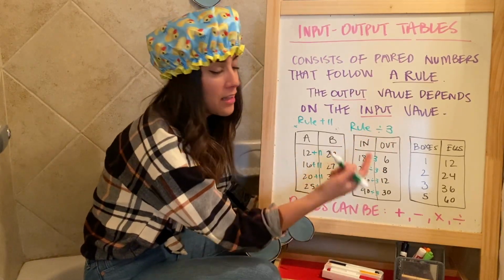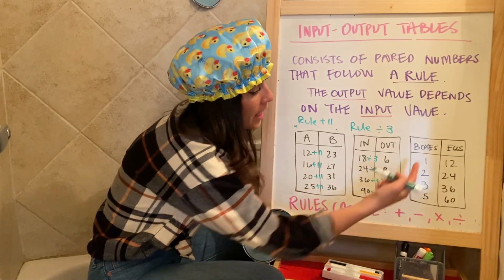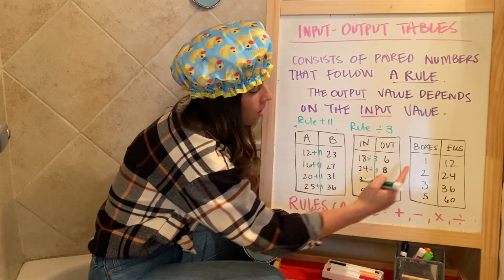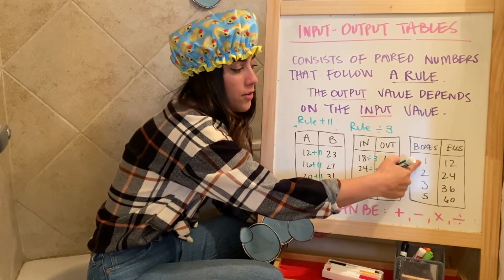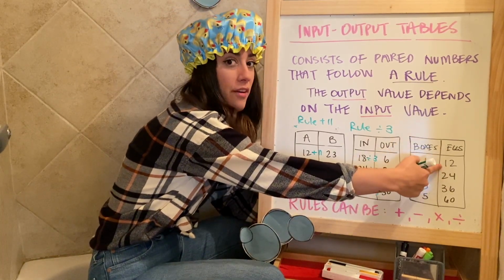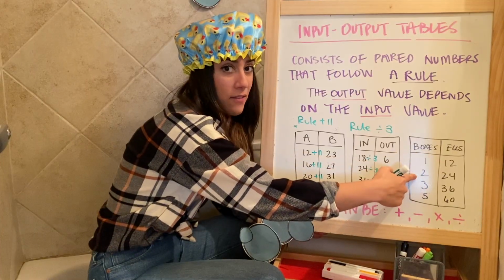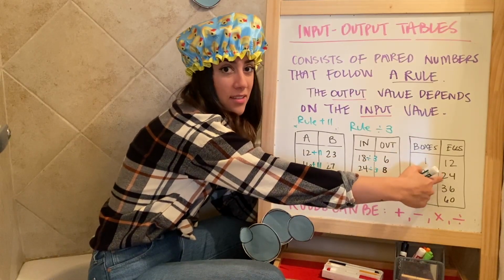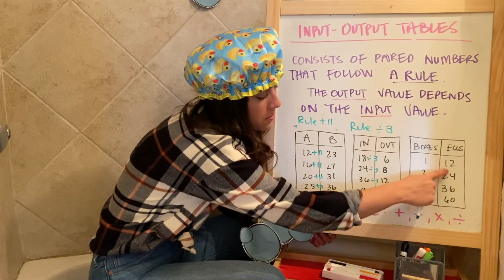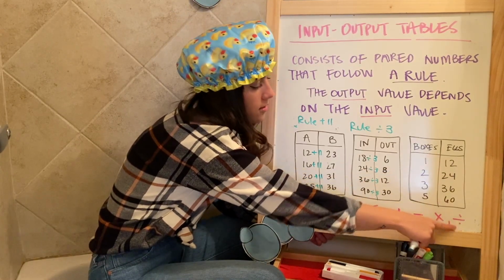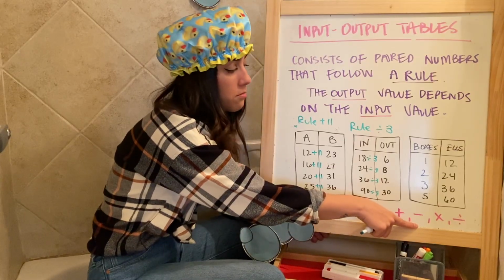Okay, let's look at the last one. Boxes and eggs. So I did A, B, in, out. Let's try a real world situation. If I give you one box and it has 12 eggs in it, I give you two boxes and it has 24 eggs in it. What's happening here? So the number seems to be getting bigger. It's not division or subtraction because that would make the numbers smaller.